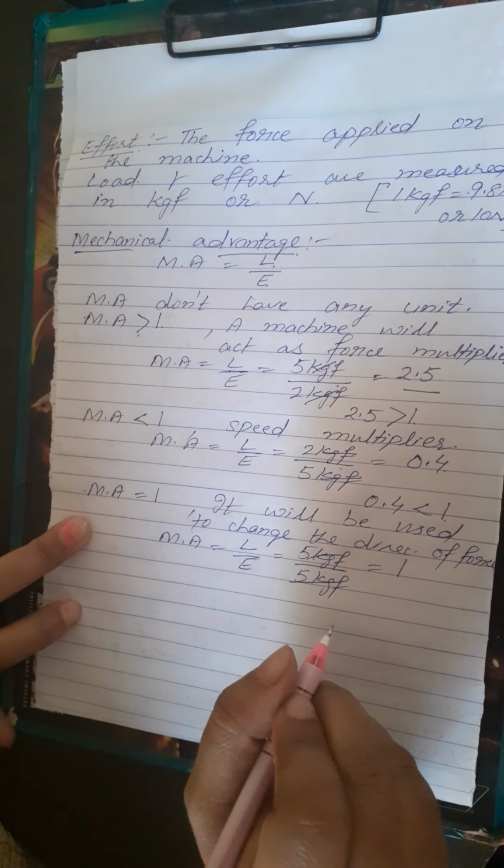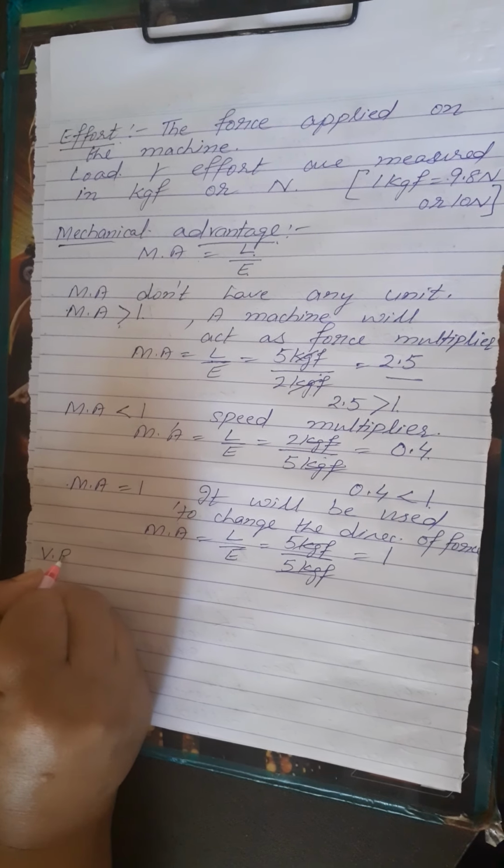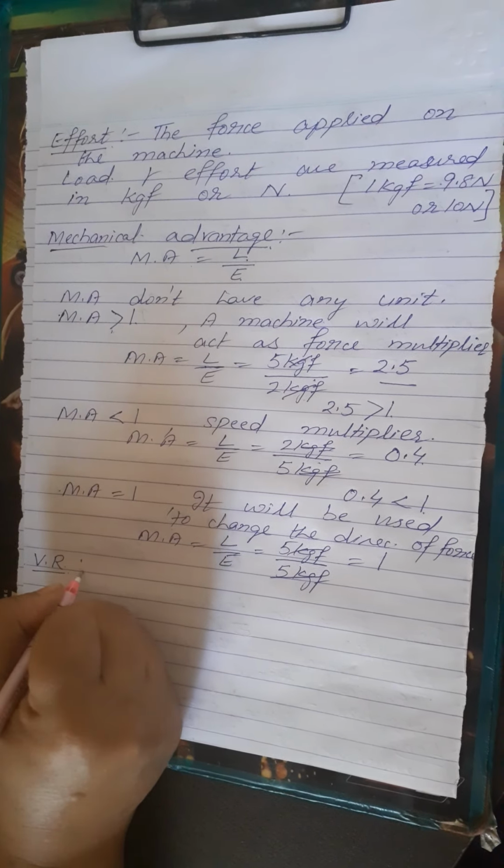Then after that, the next term is coming, beta: velocity ratio. What is velocity ratio? It is the ratio of velocity of effort to velocity of load.